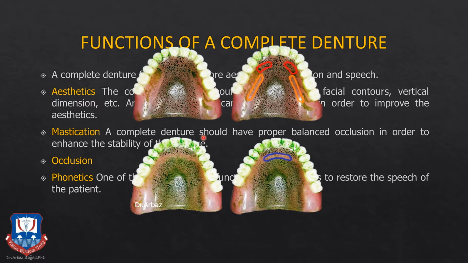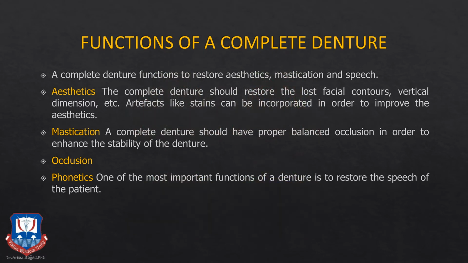So the denture, the polished surfaces of the teeth, and the palatal vault shape are highly important in producing certain sounds like S, P, Q, T, and deficiencies in this area can result in mispronunciation of certain keywords, alphabets and phrases. So phonetics is another main important reason a patient seeks a complete denture construction.